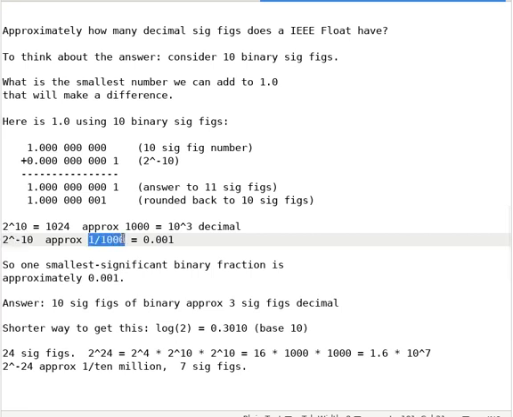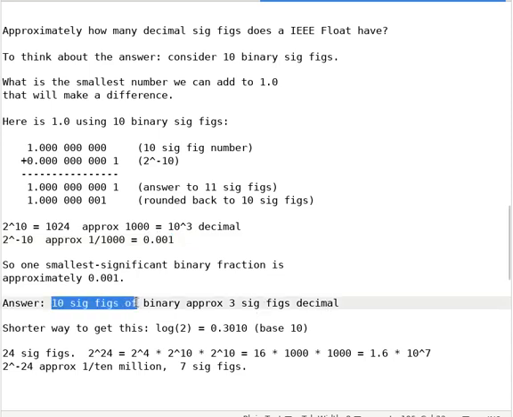It's a little bit less than 1 over 1,000. It's 1 over 1,024, which is approximately 0.001. So the smallest thing that we could add to a 1 to make a difference is about 1/1000th, which is another way of saying that it's roughly 3 significant figures of decimal.